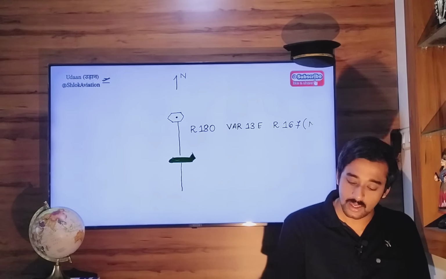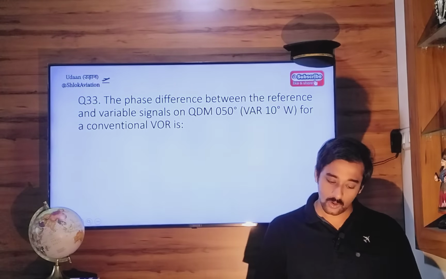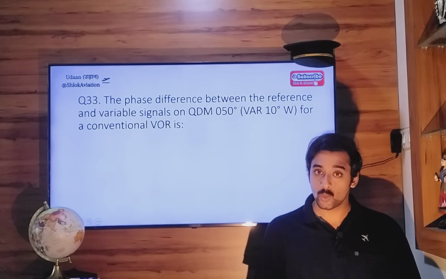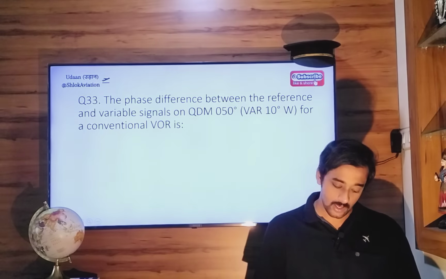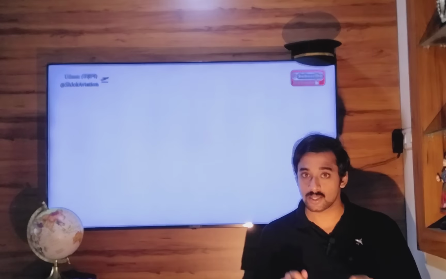Okay, so pay attention to the hemisphere you are in and the values. Next. The phase difference between the reference and variable signals on QDM 050 with a variation of 10 degree west for a conventional VOR is what? Now the principle of operation of VOR is based on phase difference.